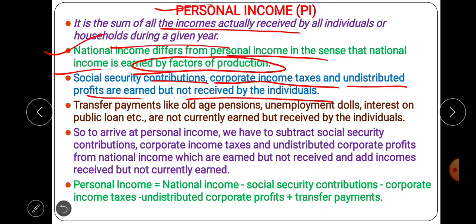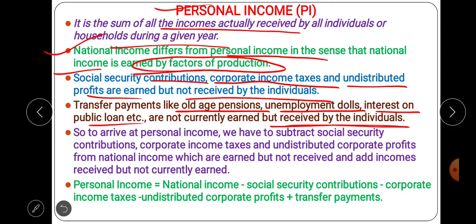That is why these values are not considered in the estimation of personal income. So, transfer payments like old age pensions, then unemployment doles, then interest on the public loans, etc., are not currently earned but received by the individuals.